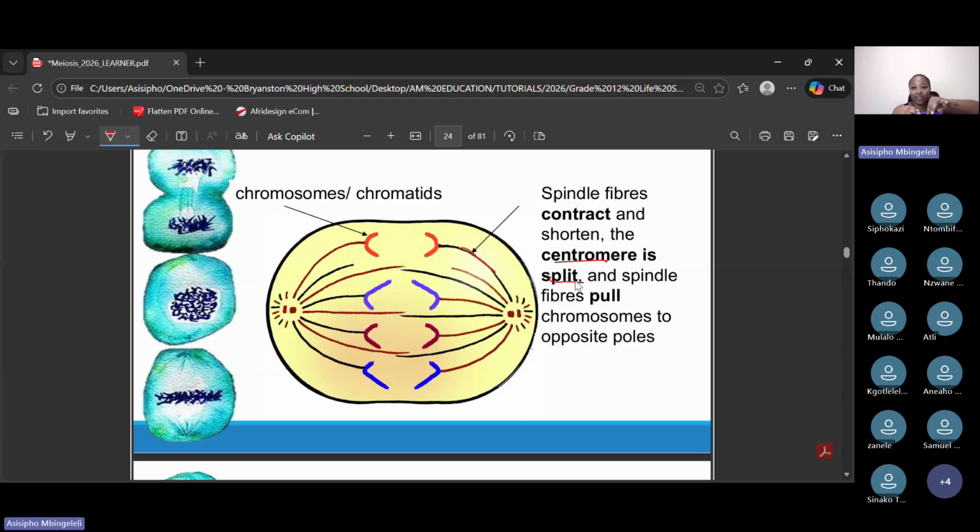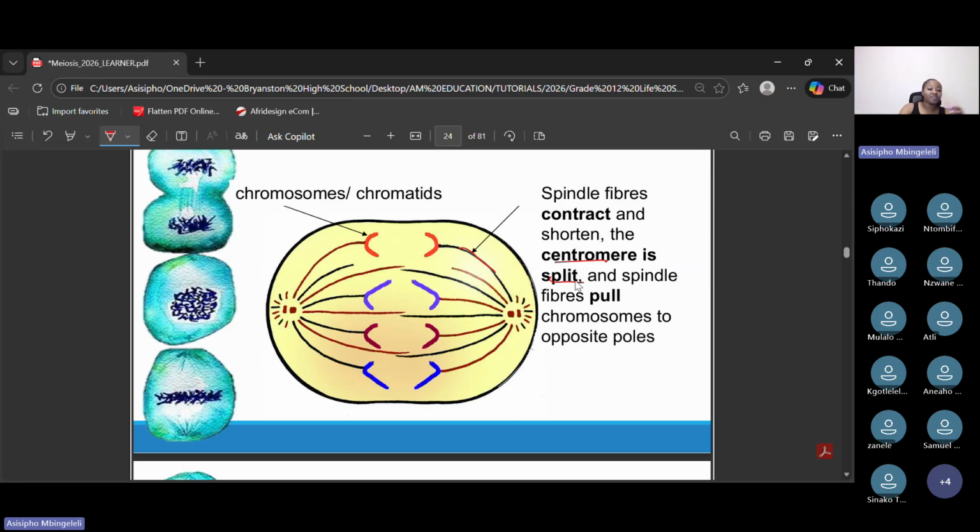So during anaphase, the spindle fibers are going to contract. When they contract, they will cause a split in the centromere. And when the centromere splits, the chromatids are going to move to opposite poles because they are no longer going to be joined together. They will be separated. So this one will move up and the other one will move down.